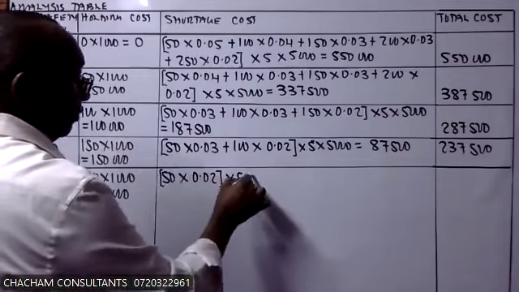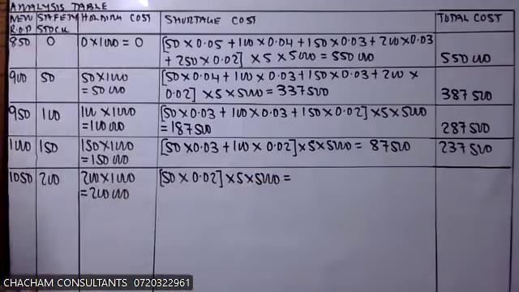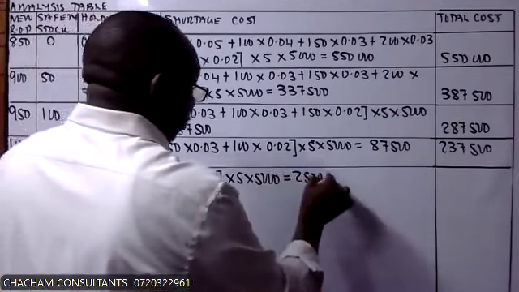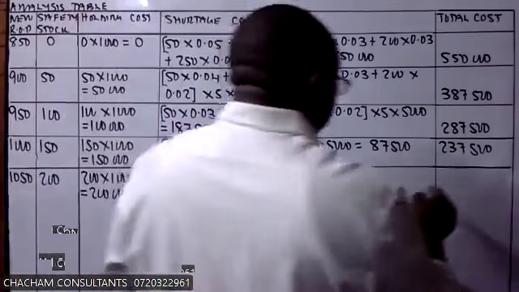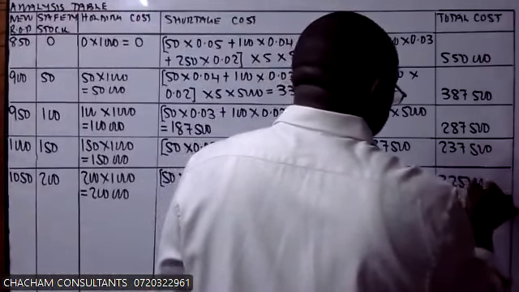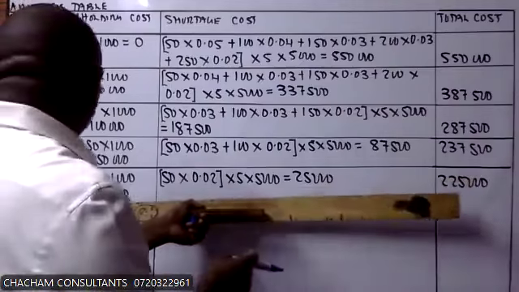So times 5,000, that is $25,000. This 25,000 you add to 200,000, and you get 225,000.